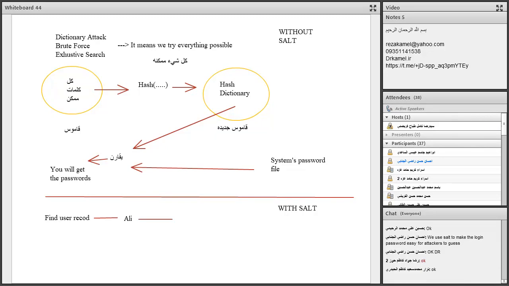Then you should get Ali's salt, which in my example was MX. Now you have to create only one dictionary and only for Ali. This is a specific dictionary, we call it محدد, قاموس محدد لعلی.